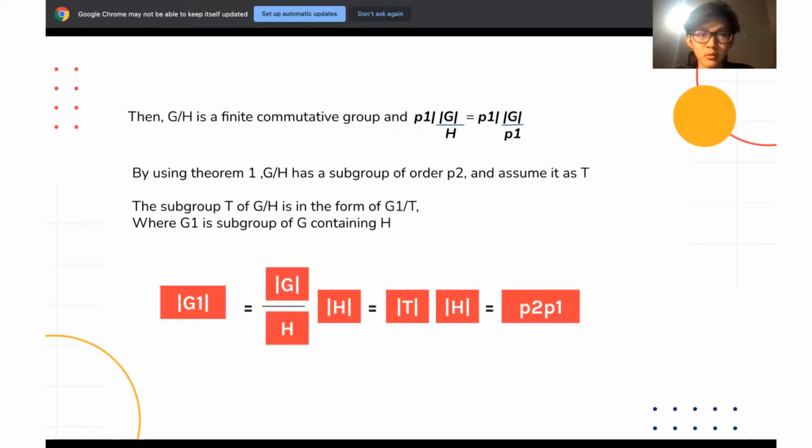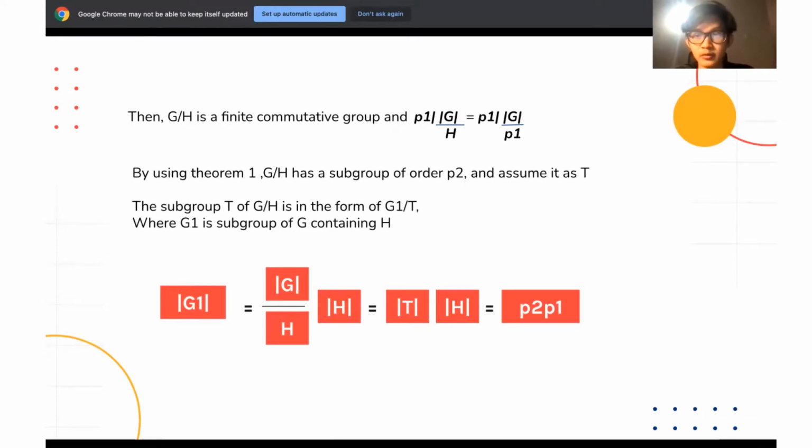So by using theorem 1, G over H has a subgroup of order P2, and we assume it as T. The subgroup T of G over H is in the form of G1 over H. So we look at this. G1 is equal to G divided by H times H. We have T times H, where T is P2 and H is P1.